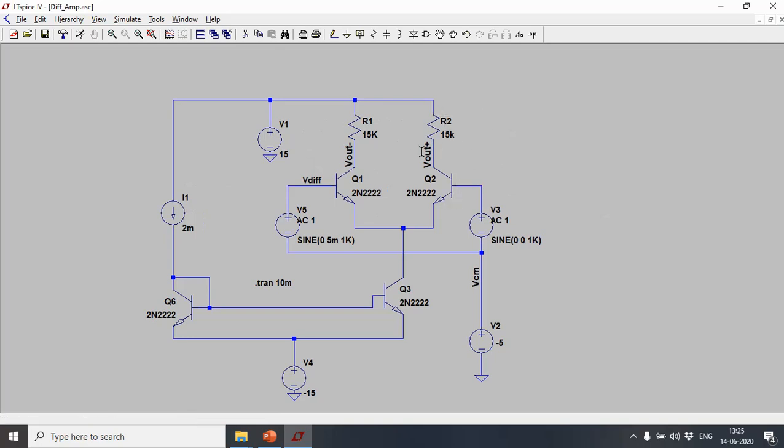To get a proper swing, I have put 15k resistance here. If you put 15k, 1 milliampere, it will drop 15 volts here. So this DC operating point will be close to zero. So this voltage can go to plus 15 and minus 15. This is an ideal operating condition, close to zero here for maximum swing. That is the reason I have taken 15k here.